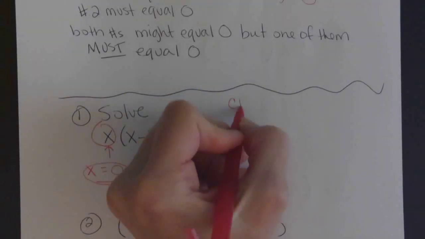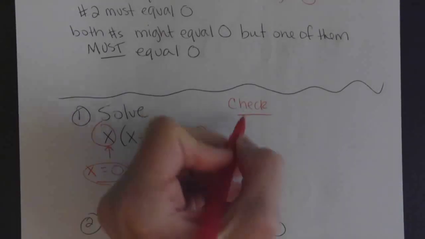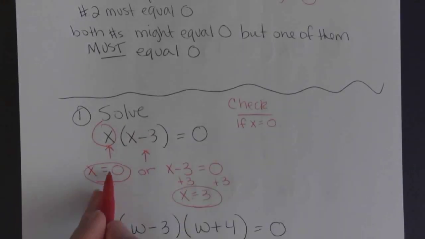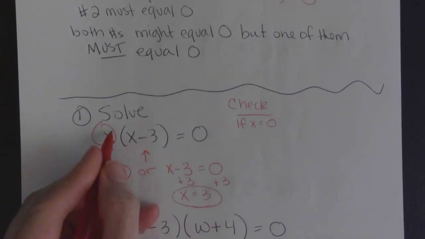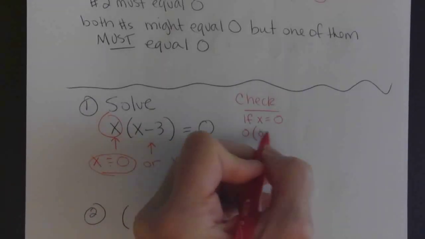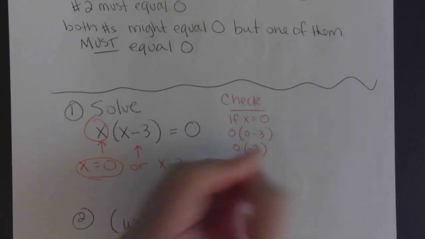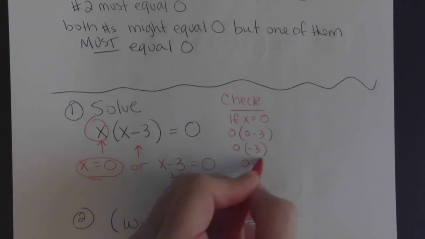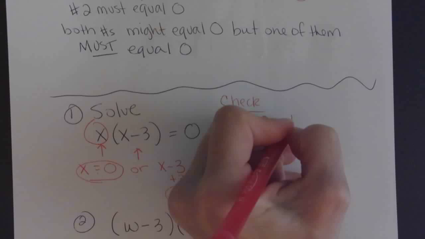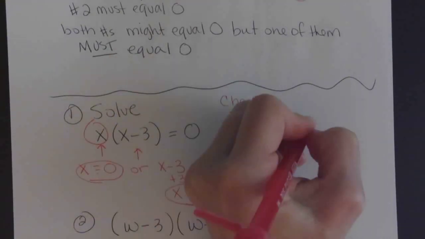Now let's check it. I'm not going to make us check every one, but let's check this first one. Let's start with if x is 0. If these x's in this problem get replaced with 0, watch what will happen. We'll have 0 in the front times 0 minus 3. And that would be 0 times negative 3, which indeed is 0. So that's good because we wanted the end result to be 0. Now, the other answer we got was x might be 3.